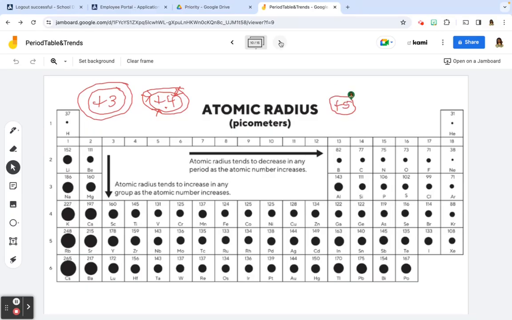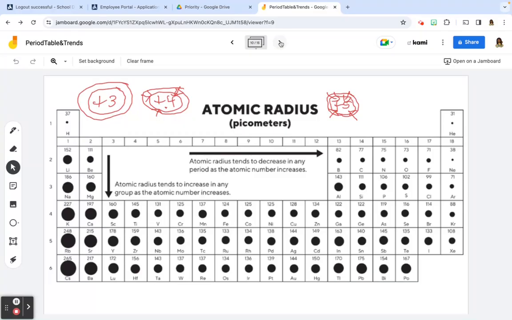Those protons in that center are really pulling in, because you know opposites attract, pulling in on the valence electrons, causing the atom's size to decrease as you go across the period.